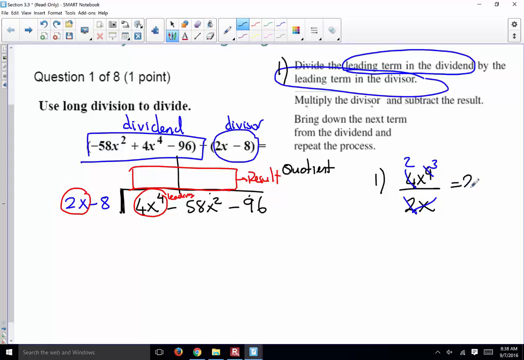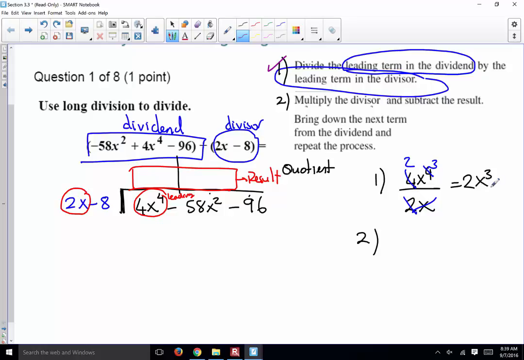So we have 2x cubed. Okay? Now what do I do with this 2x cubed? So we're done with this step. We're going for second step.